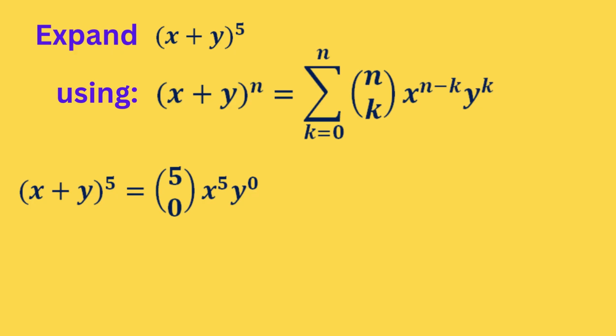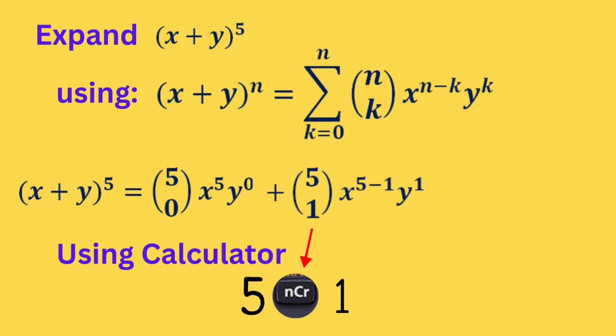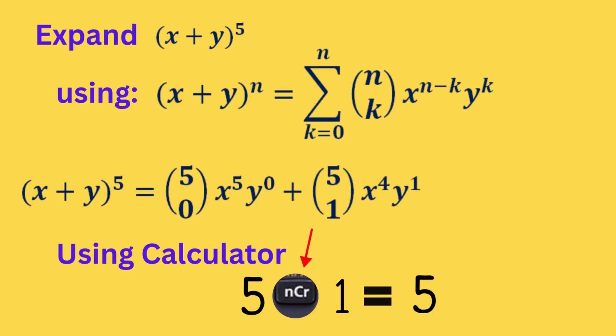For the second term, again, we replace n with whatever the power is. In this example, we use n equal 5 when calculating each and every term. However, the value of k will increase when calculating successive terms, so now we use k equals 1. x to the power of n minus k is x raised to the power 5 minus 1, which is 4, while y to the power of k is y to the power 1.